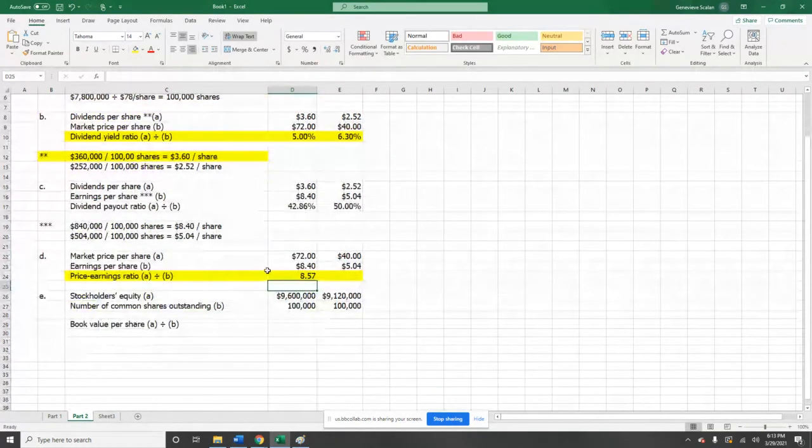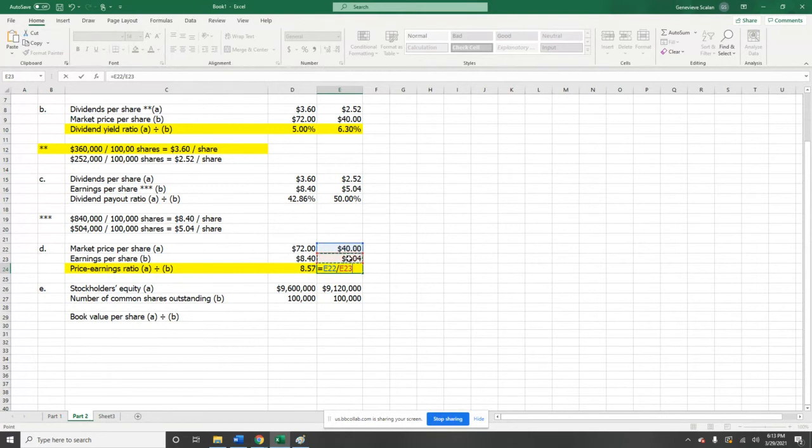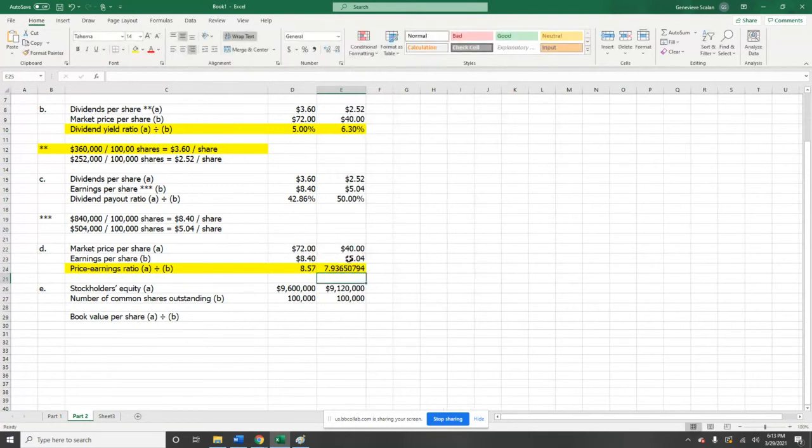All right, so we're going to pay 8.5 times the earnings to buy that stock. And over here, that's equal to the $40 per share we paid last year divided by the $5 per share we earned last year. So that's 7.94. Last year we were only willing to pay 7.94 times earnings. So we're going to pay a little more now. I guess that's good.